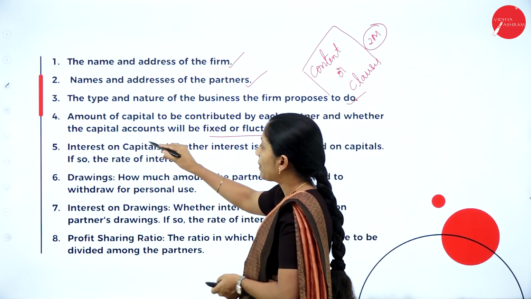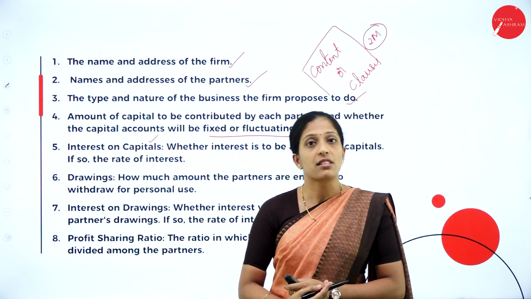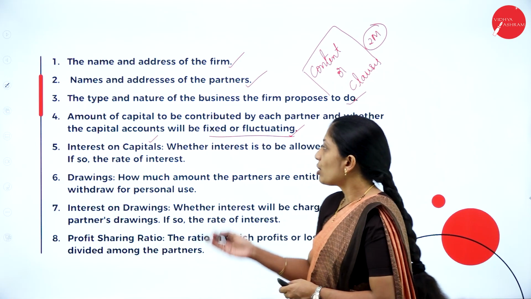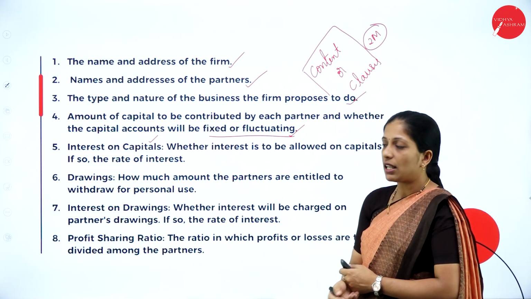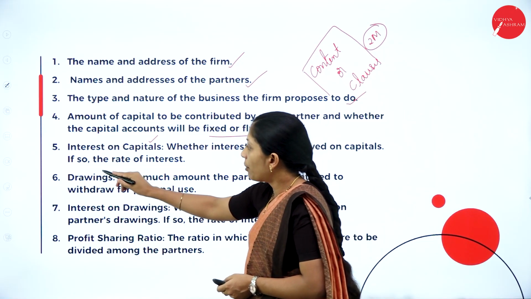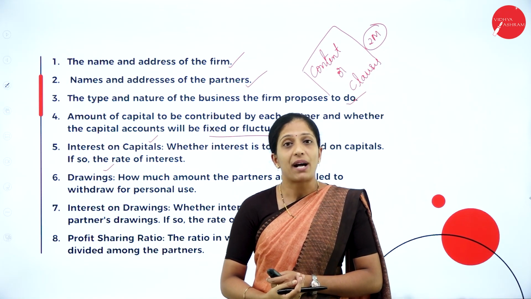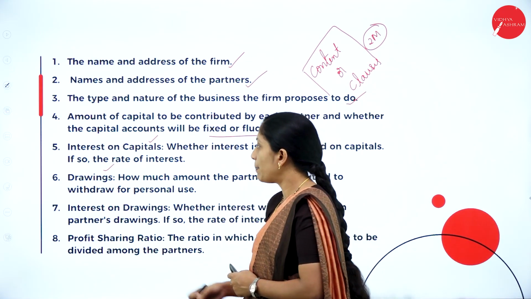Next, interest on capital. Of course, when a partner invests an amount into the partnership firm, interest has to be given, correct? So, whether interest is to be allowed on the capital, and if so, what is the rate of interest? Drawings: how much a partner can withdraw from the partnership firm for his personal use. That also they have to mention in the partnership deed.